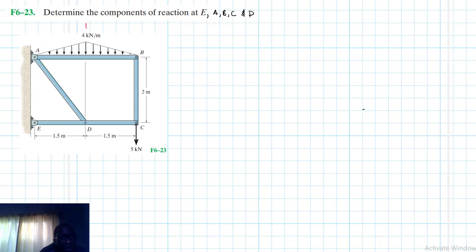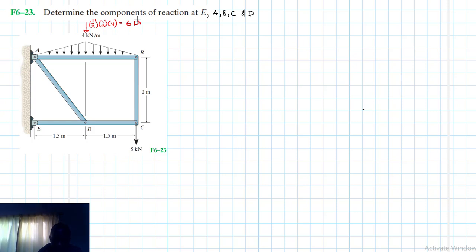So we're going to have an equivalent force here, which is equal to just the area under the load diagram, and this is half times the length, which is 3, times the peak intensity, which is 4. So half by 3 by 4 gives us 6 kilonewtons.